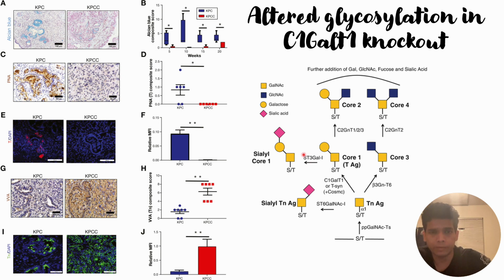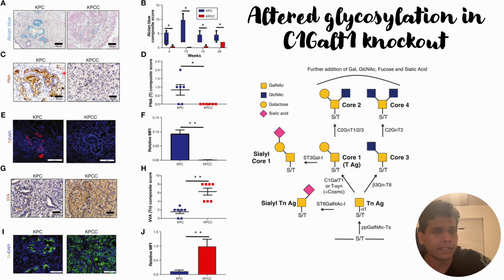And from this we can see that this kind of structure might be less in the case of KPCC. So in order to validate these T carbohydrate structures, we further did histology analysis of the KPC and KPCC mice models using PNA lectin, which has a specificity towards the sialyl core 1 glycan, or in other terms the T carbohydrate antigen.